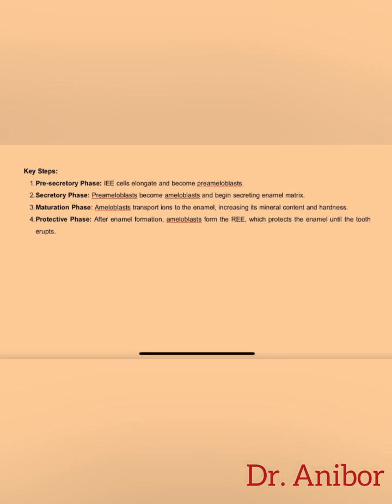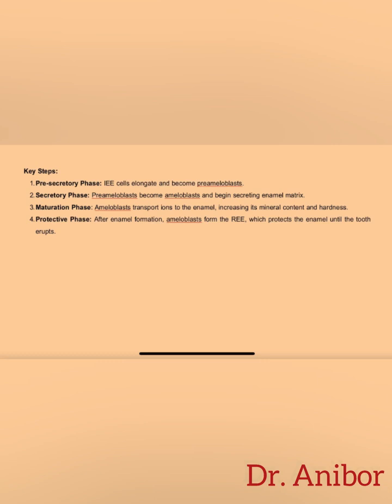There you have the inner enamel epithelium containing cells, and these cells elongate and become pre-ameloblasts. That's the pre-secretory phase. Then next you have the secretory phase. There you have the pre-ameloblast becoming ameloblast and beginning to secrete enamel matrix.